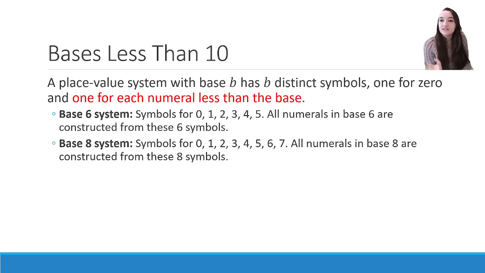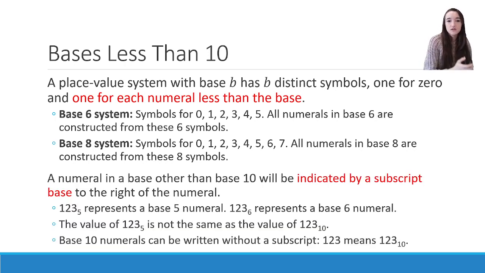Those don't exist within the base 8 system. Only 0 through 7 are allowed to be used, in the same way that in base 10 we have 0 through 9 as our symbols. We're not going to have a specific symbol for 10 because 10 is made up of 2 symbols we already have. A numeral in a base other than base 10 will be indicated by a subscript base to the right of the numeral.